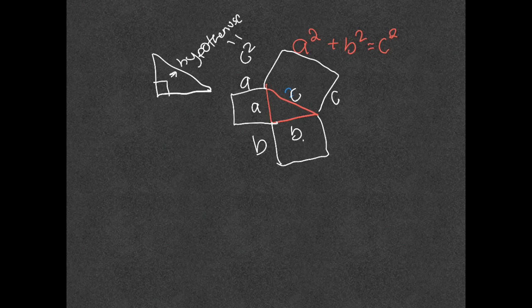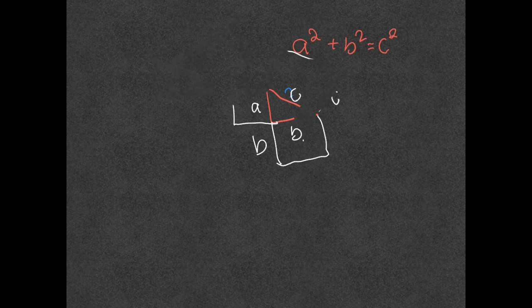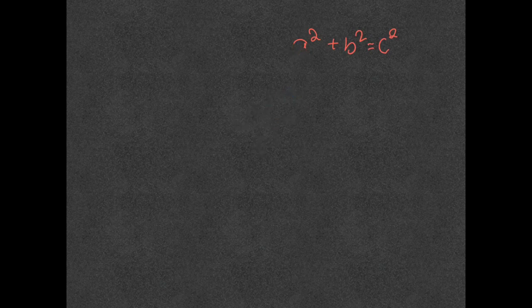So we'll move on to a practice problem. So for example, you can have a side length 3 and a side length of 4 as your A and B value. And you're trying to find your C side length.